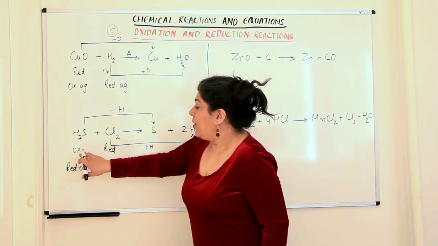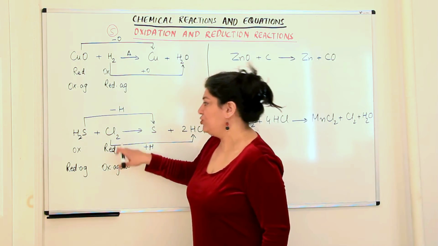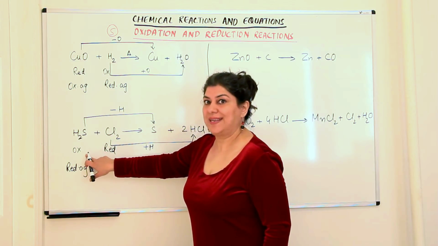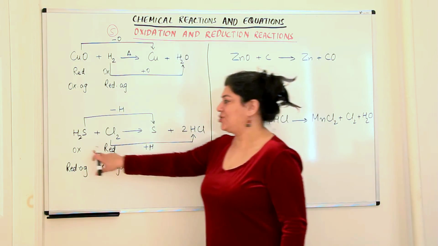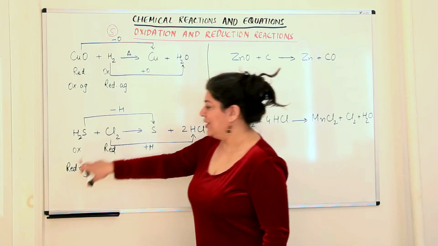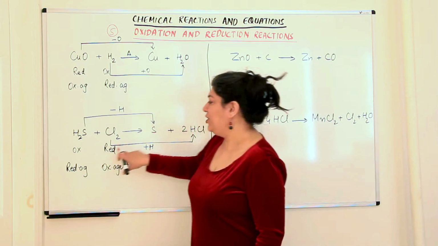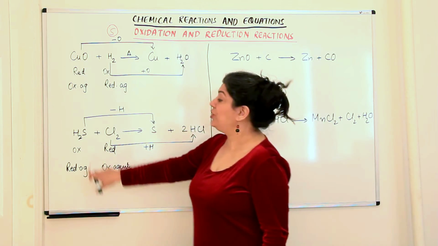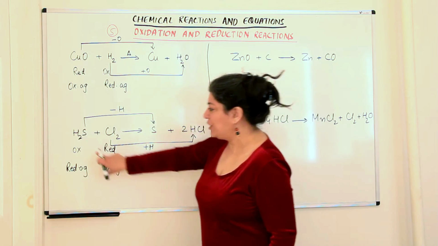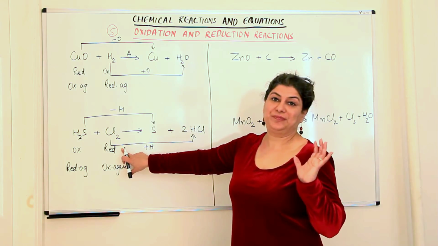So H2S was oxidized, chlorine was reduced, and anything which is oxidized, who is oxidizing it? The oxidizing agent is oxidizing it. Chlorine is reduced. Who is reducing it? The reducing agent is reducing it. So the reducing agent, in order to reduce this, should itself get oxidized. And the oxidizing agent, in order to oxidize this, should itself get reduced.